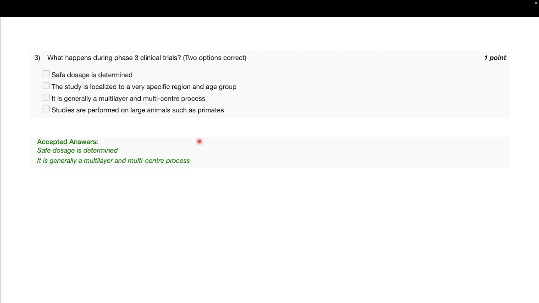It occurs all across different places, not just confined to one hospital center. You can coordinate with many patients present in various different places, and that's how this process happens. Clear?